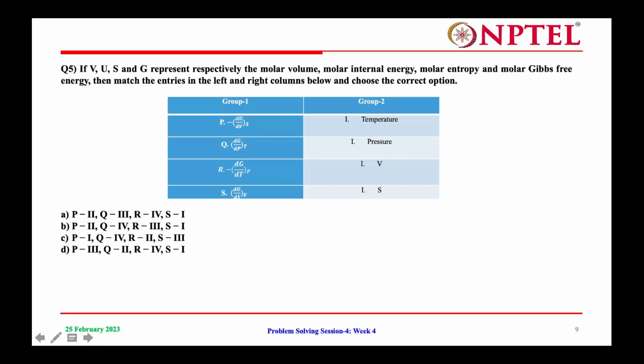Now question 5, here is a statement. If V, U, S and G represent respectively the molar volume, molar internal energy, molar entropy and molar Gibbs free energy, then match the entry in the left and right columns below and choose the correct option.